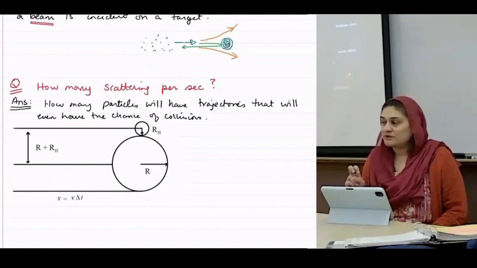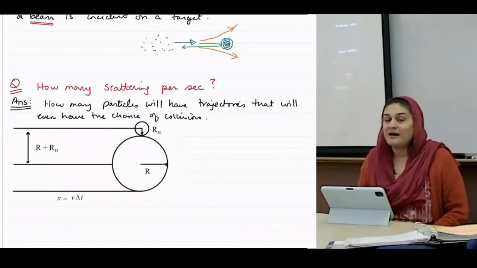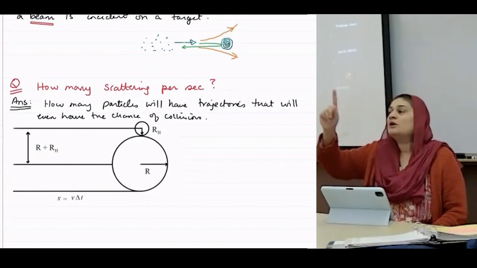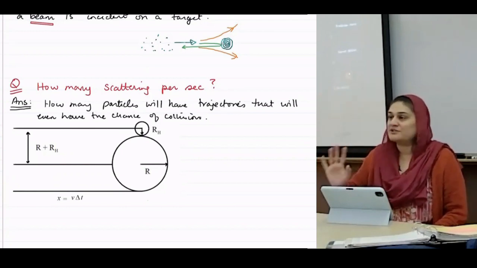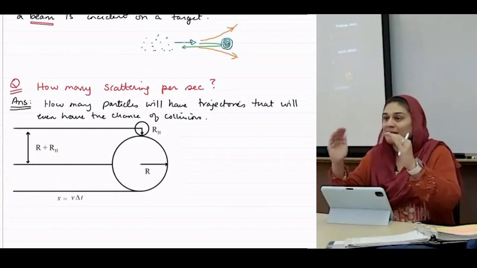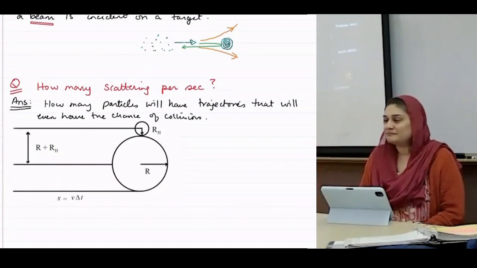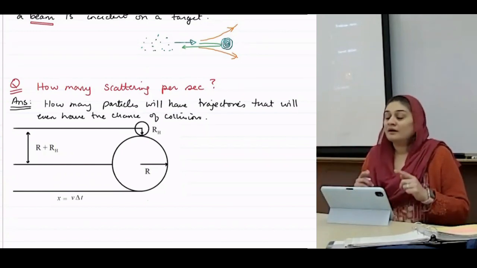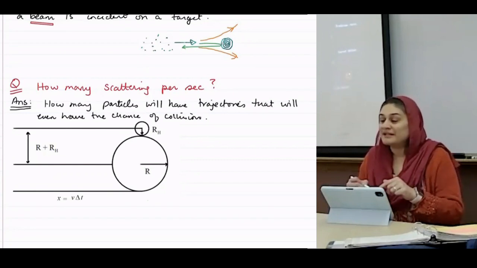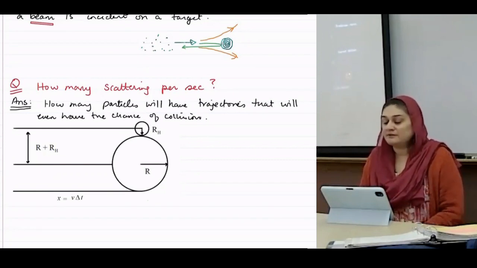What trajectory should the golf ball have for the possibility of collision? I don't care if it's deflected or if it's bouncing back or whatever it's doing, but it is in the path where it will hit. Can you answer the question? So can you predict what the trajectory has to be in order for the little golf ball to hit the big ball?